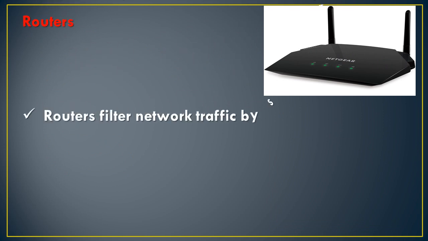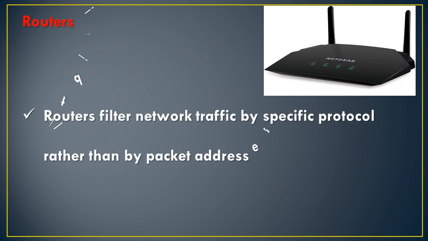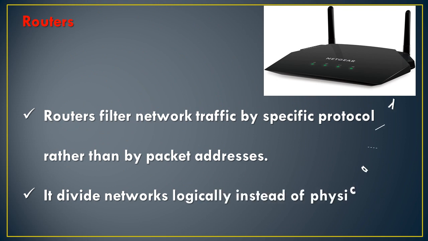Next, that is routers. Routers filter network traffic by specific protocol rather than by packet addresses. A router is a device that analyzes the contents of data packets transmitted within a network or to another network.